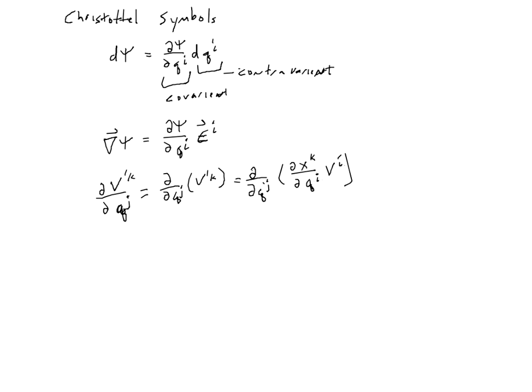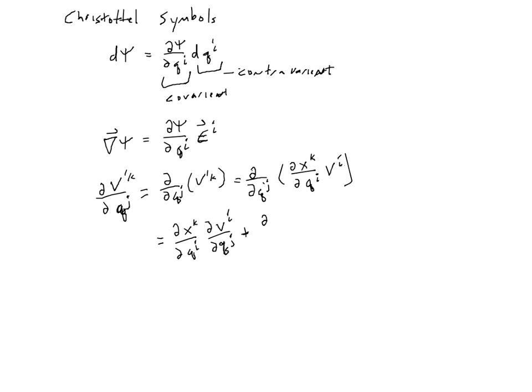So because I've got the derivative of this thing, I have to take a derivative of this and then the derivative of the transformation. So I have to do a chain rule thing. So I've got partial x k, partial q i, and partial v i, partial q j, because I applied the chain rule to this.